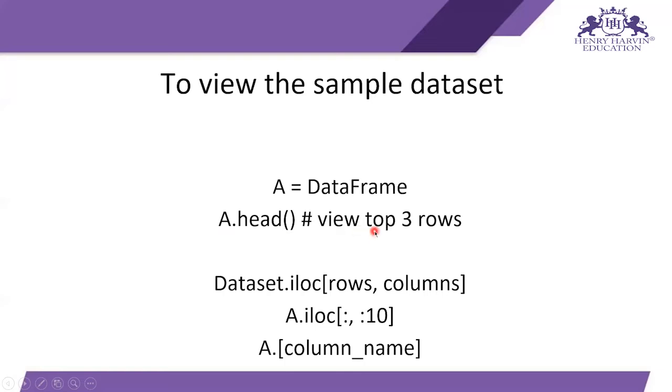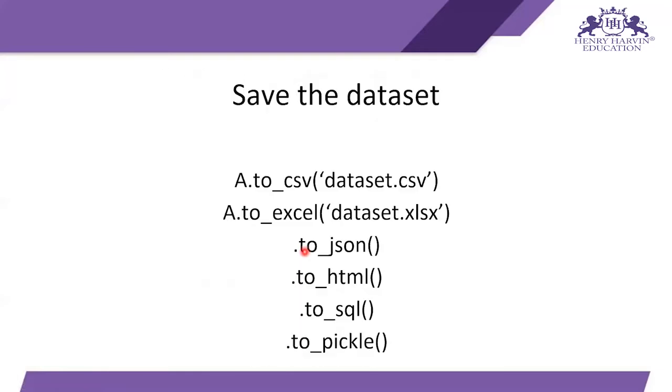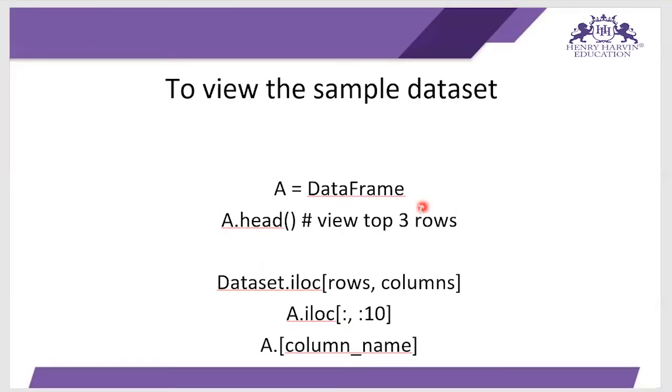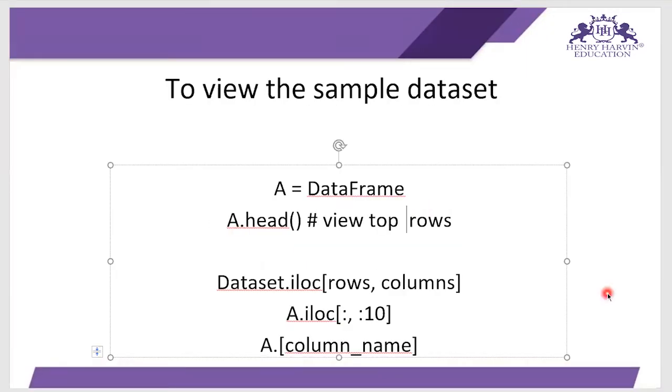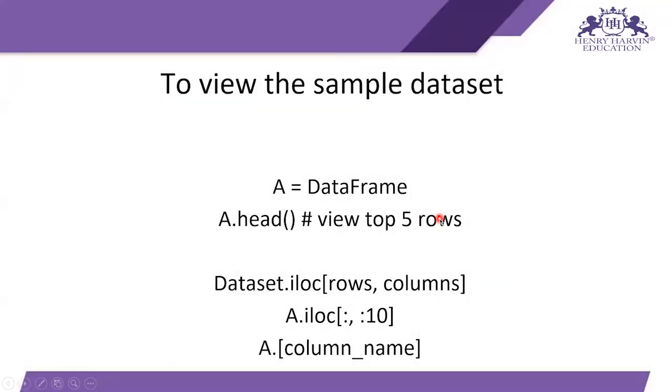It will show the top 5 rows. Here I just typed the wrong value, sorry for that. Let me change this. Yes, so by just typing dot head, it will show the top 5 rows of that data frame.